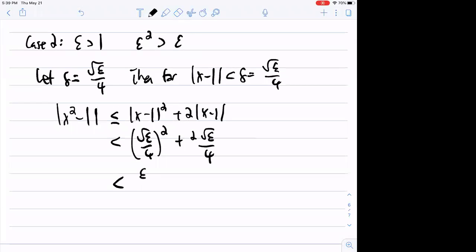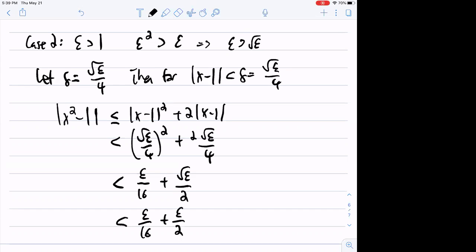So this is epsilon over 16, plus root epsilon over 2. If epsilon is bigger than 1, then epsilon is certainly bigger than root epsilon, like 2 is bigger than square root 2. So this is smaller than epsilon over 16 plus epsilon over 2. And again, you get 9 epsilon over 16, which is less than epsilon. And then you're done.